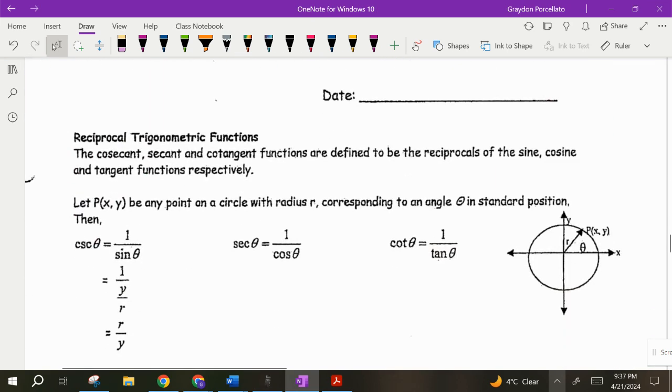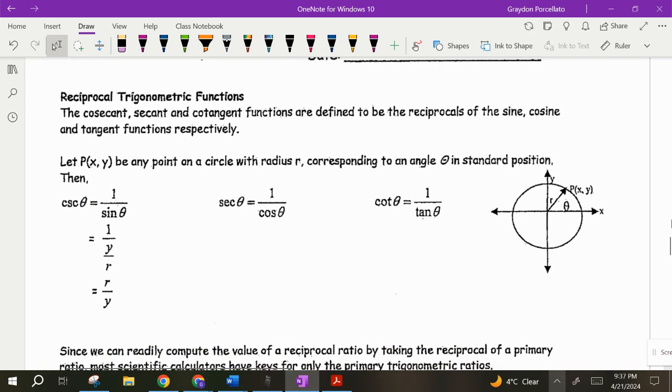Let's continue. Reciprocal functions, okay? All it's asking for here is the ratio. We'll talk more about reciprocal functions, but it says here, reciprocal trigonometric functions: the cosecant, secant, and cotangent functions are defined to be the reciprocals of the sine, cosine, and tangent functions, respectively.